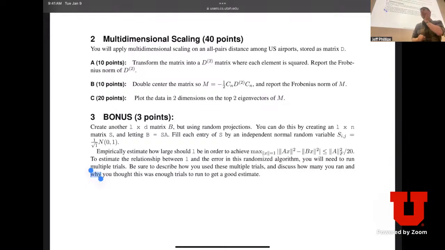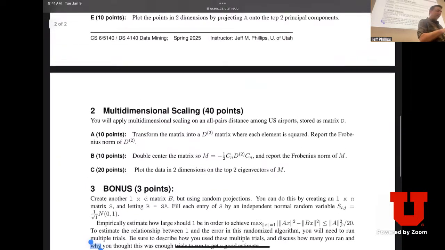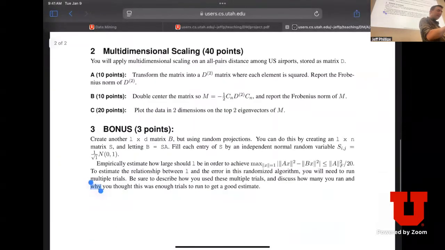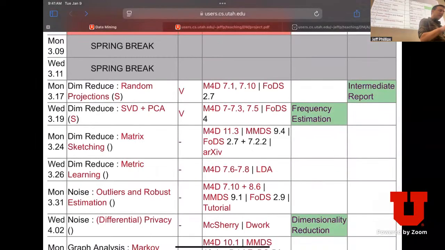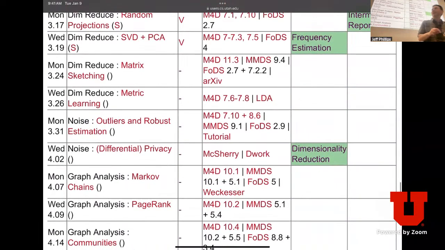So I'll probably leave it as is. Maybe I'll add an extra bonus question. There's a bonus question on here about using some of this matrix sketching stuff.